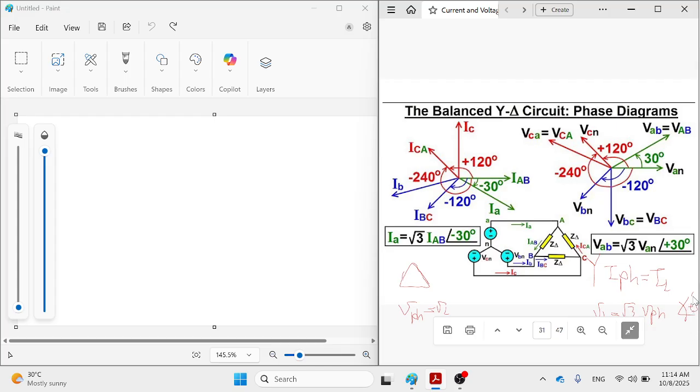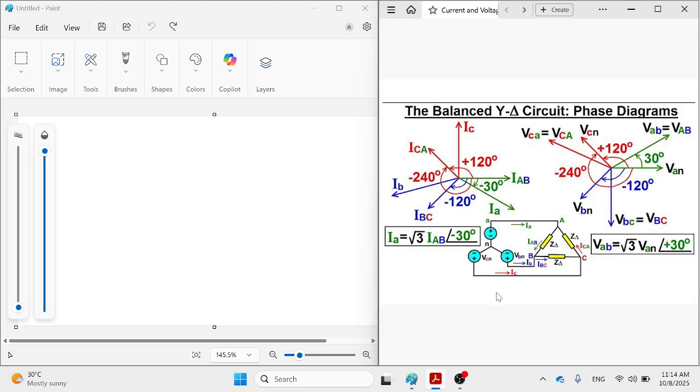I showed this one during the class. Here I only focus on the current. How can I prove I line is equal to square root of 3 times I phase, with the angle of minus 30? Just look, in the case of the delta connection, which is shown here, we easily know the line currents IA, IB, IC.